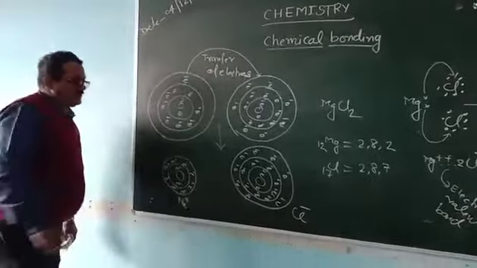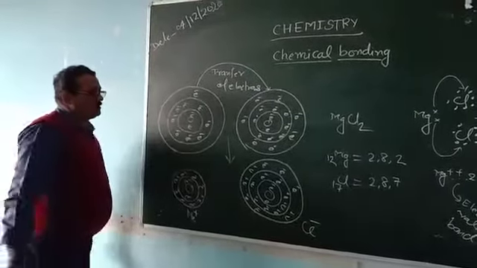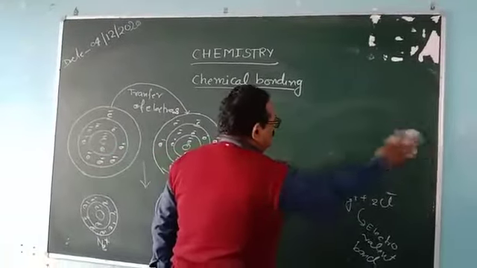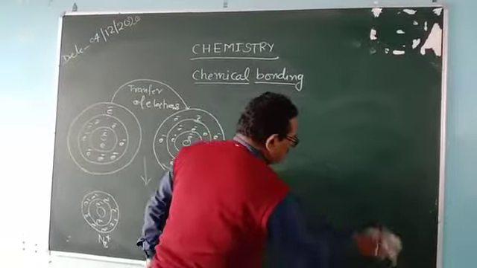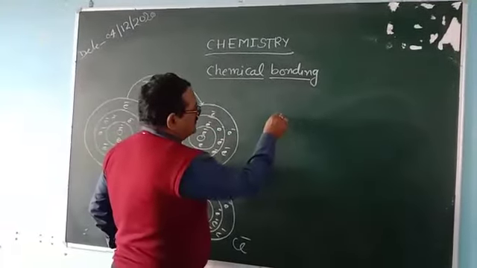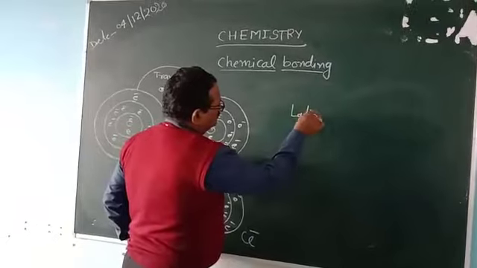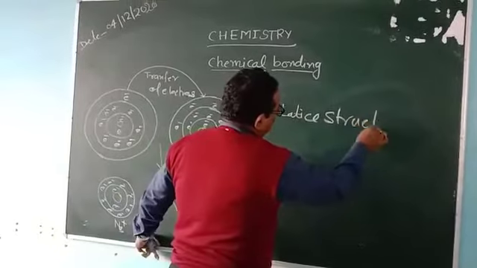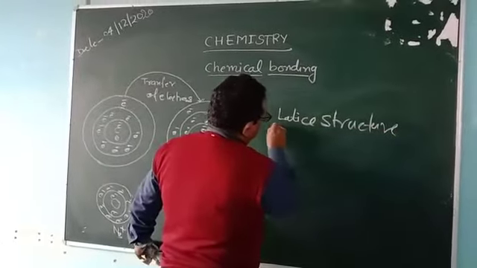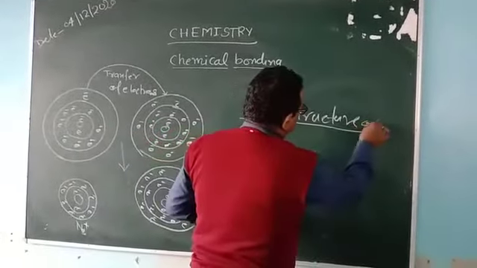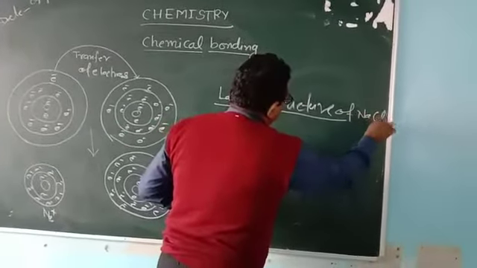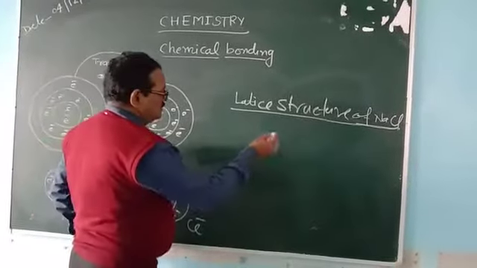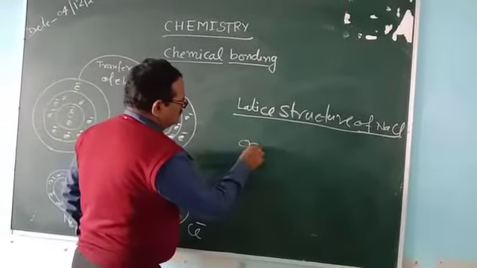Okay. Then today, you can also show the lattice structure, and you can say that suppose the lattice structure of NaCl, you can also take this type of structure here.